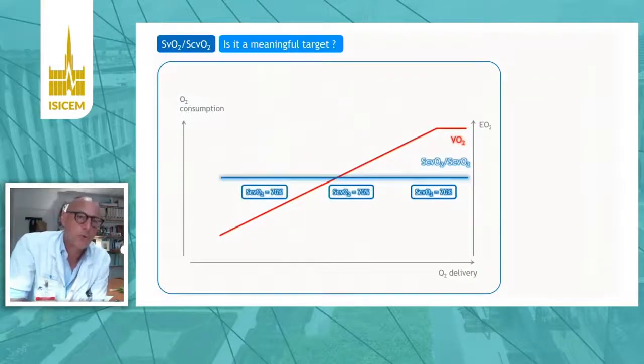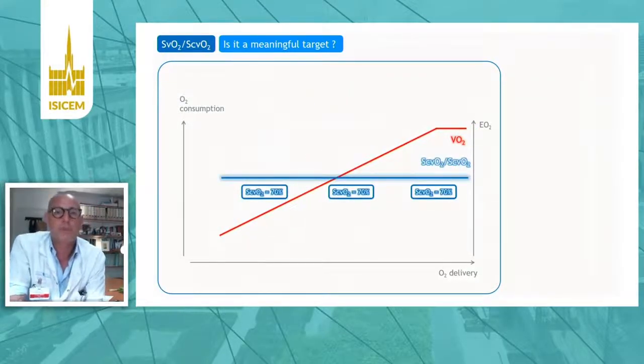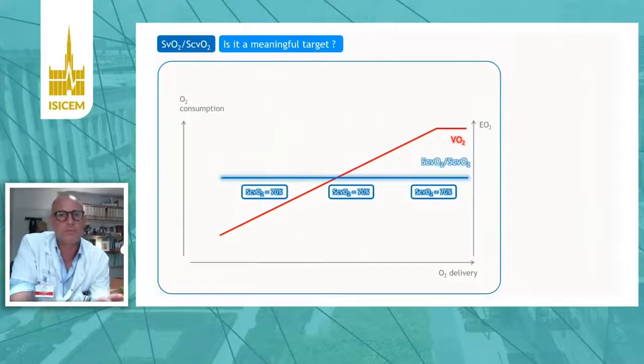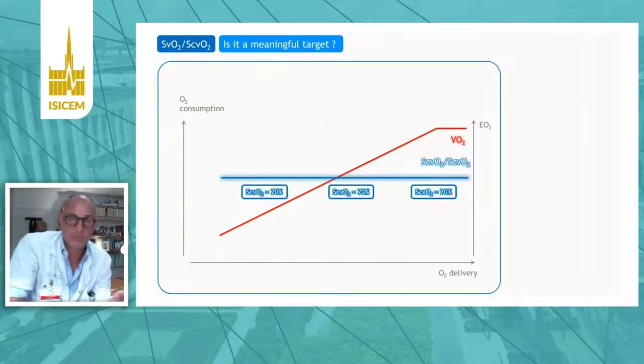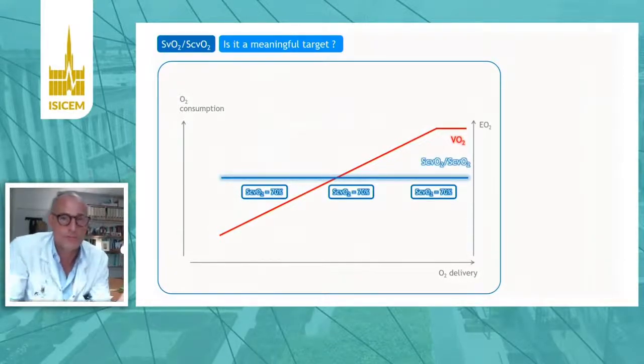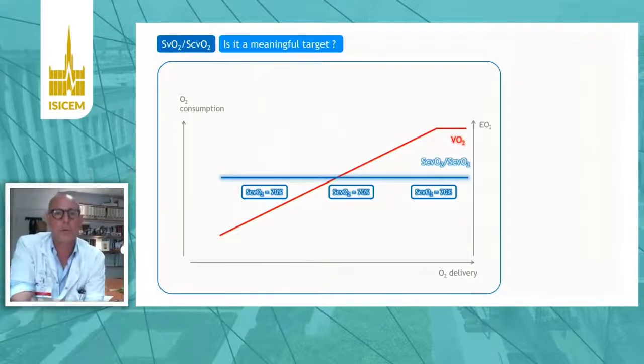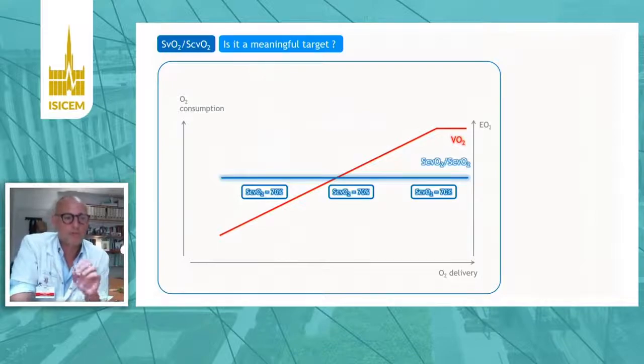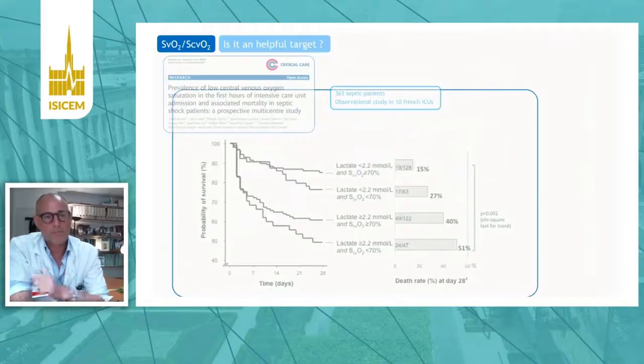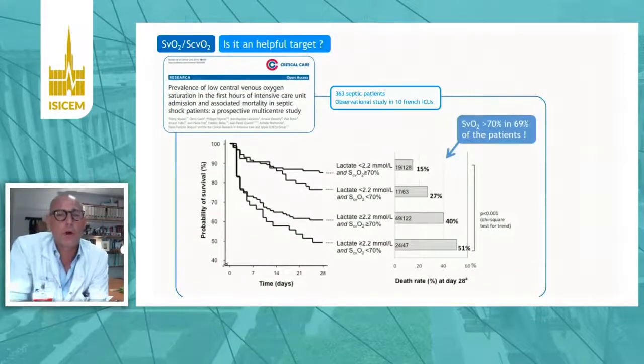The level of critical oxygen delivery increases, which means that as soon as oxygen delivery decreases, oxygen consumption decreases as well. And of course, this is due to the impairment of the microcirculation. And basically, it means that SVO2 or SCVO2 remain normal in spite of tissue hypoxia. And the problem is that it's really not uncommon.